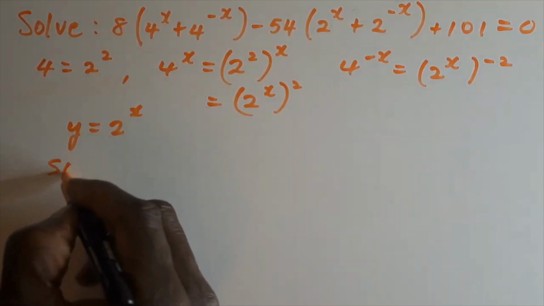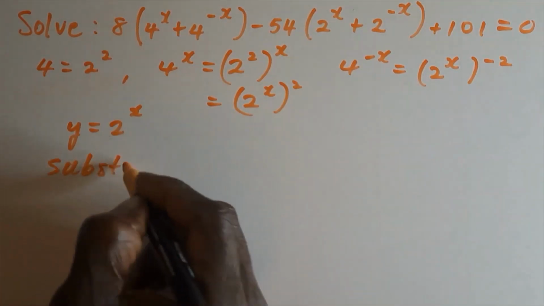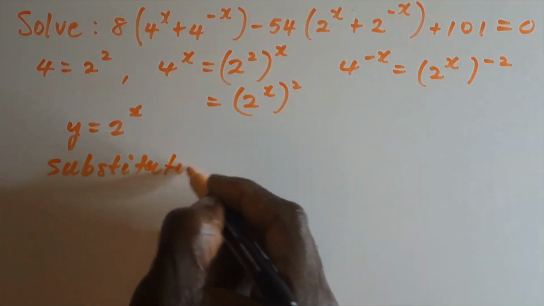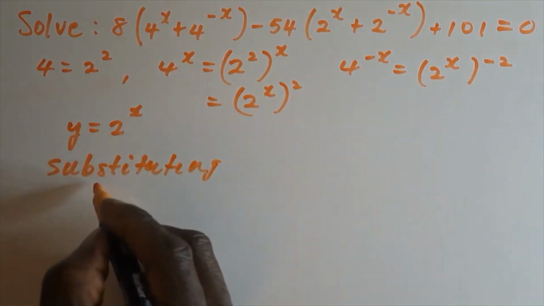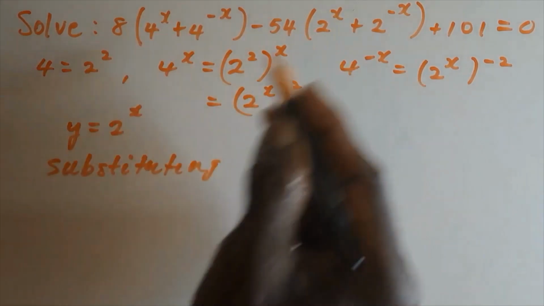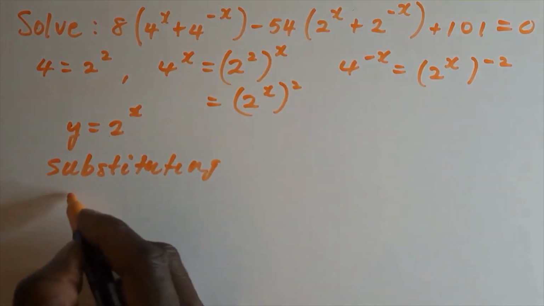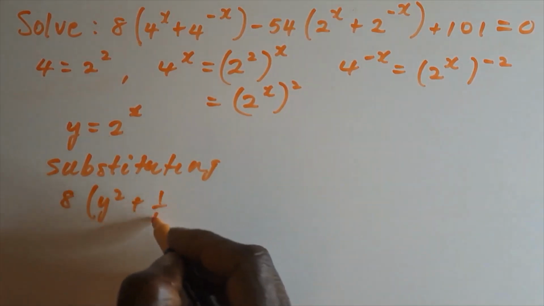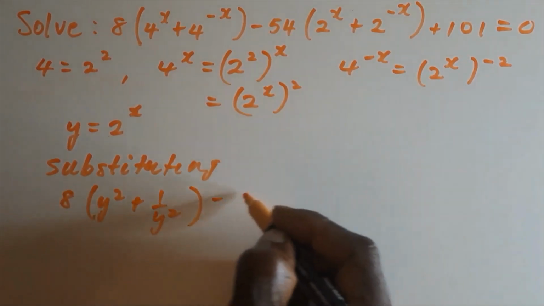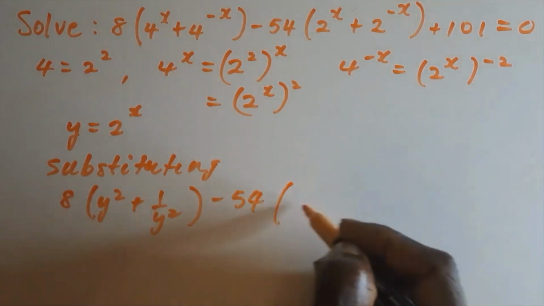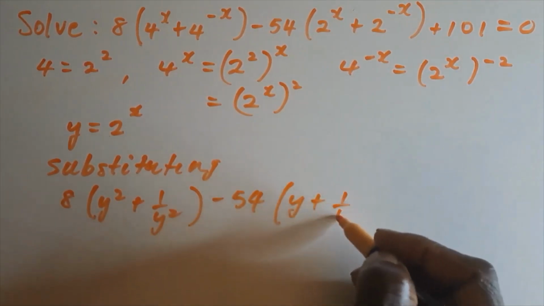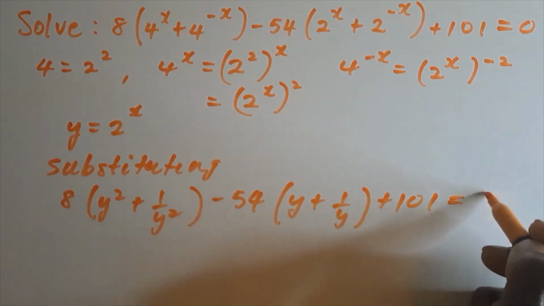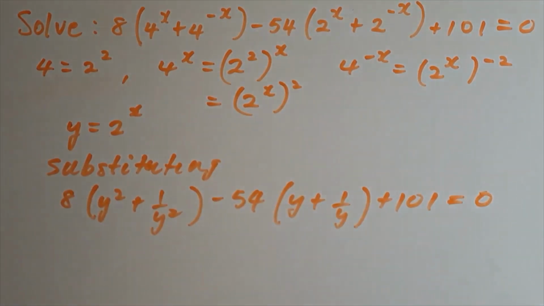So substituting in the original equation, we have 8y squared add 1 over y squared minus 54 y add 1 over y add 101 equal to 0.